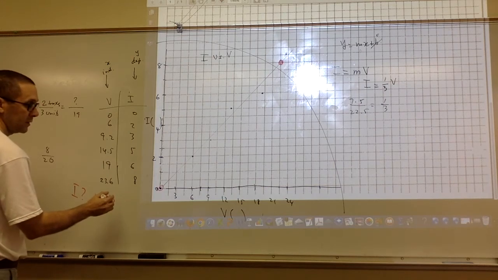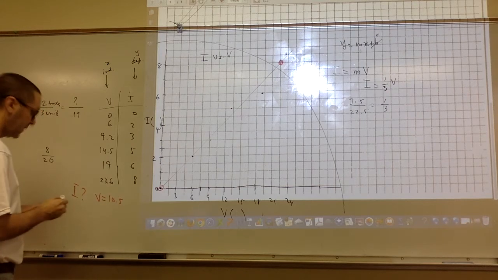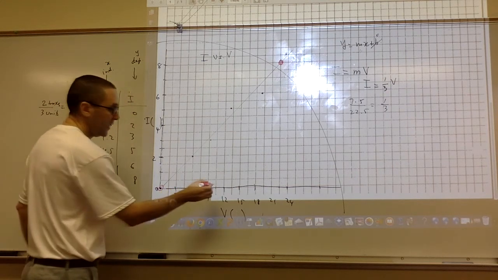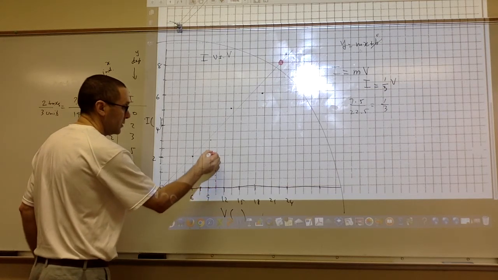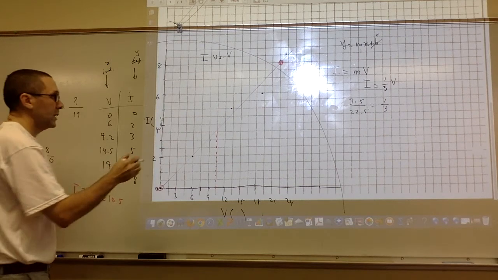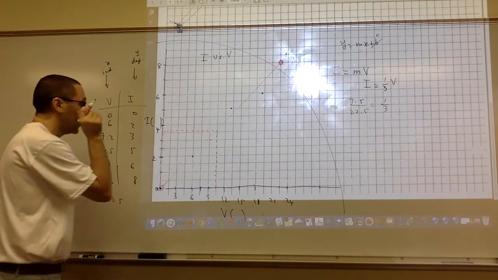Or actually, I'll make it simple, 10.5. So when V is equal to 10.5, I'm here. So all you have to do when you deal with interpolation, so you are within the data, that's why we call it interpolation, is come across, hit the curve, and read what that point is.